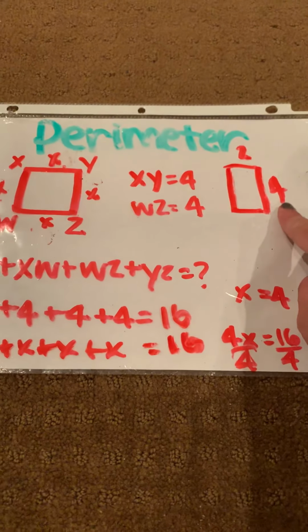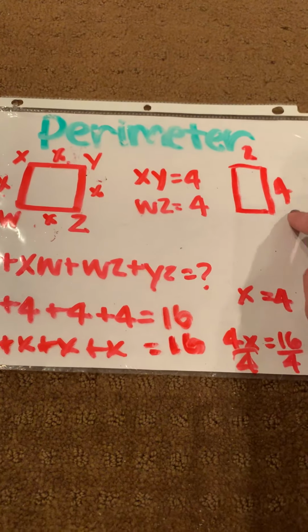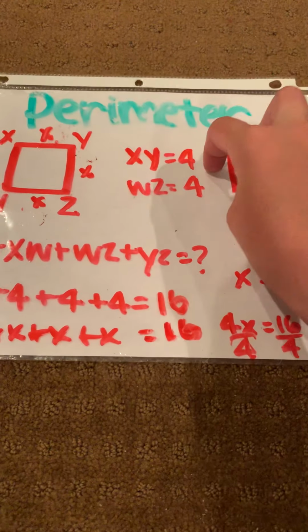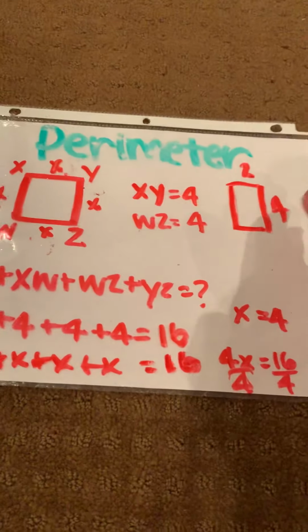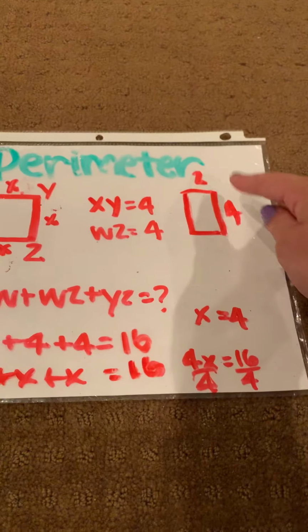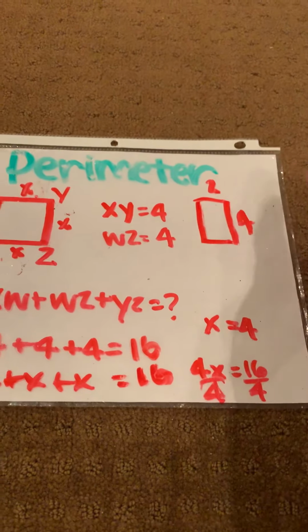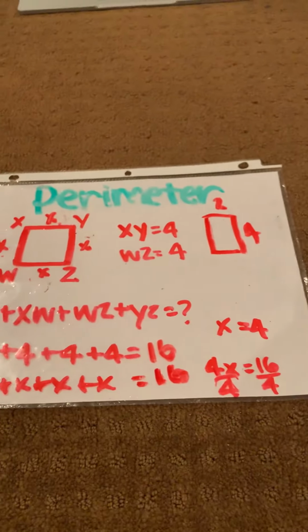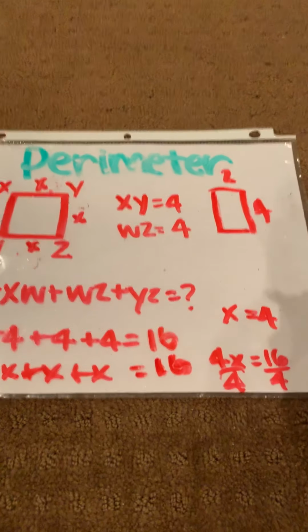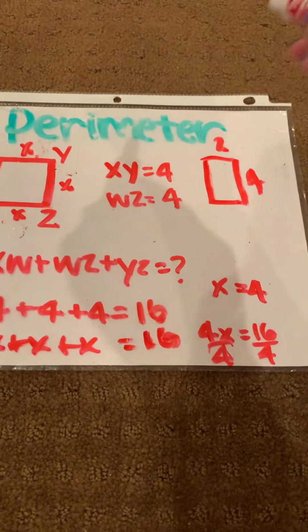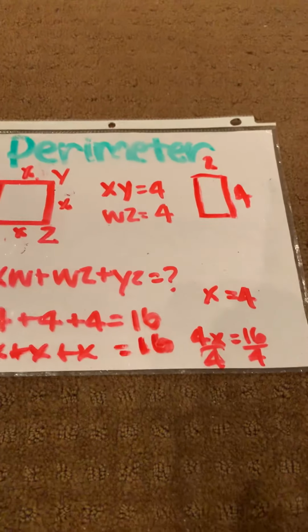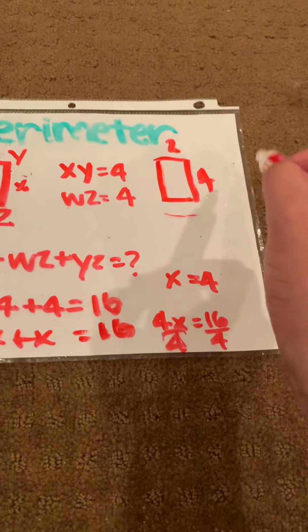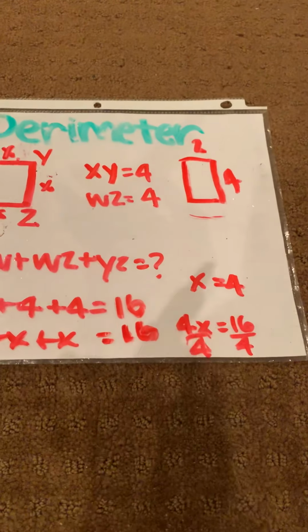And then you could take this 4 and double it and make it 8, so you're counting for this 4 and this 4, and add your 8 that you got when you doubled this and the 4 when you doubled this to get 12, which is your entire perimeter, which would be the same as adding 2 plus 2 plus 4 plus 4, which would be 8 plus 4, which is 12.